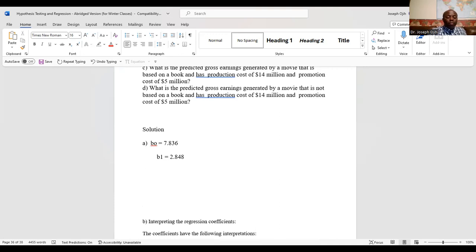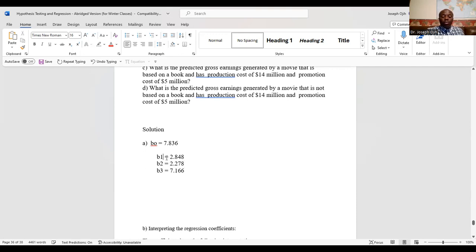B2 equals 2.278. B3 equals 7.166. Okay. So I want to make this one here and this one here.